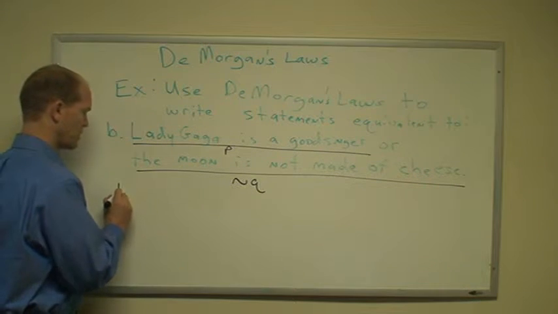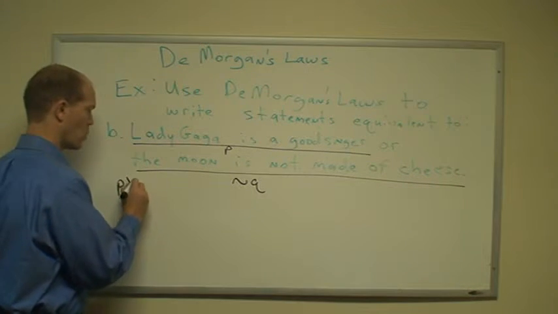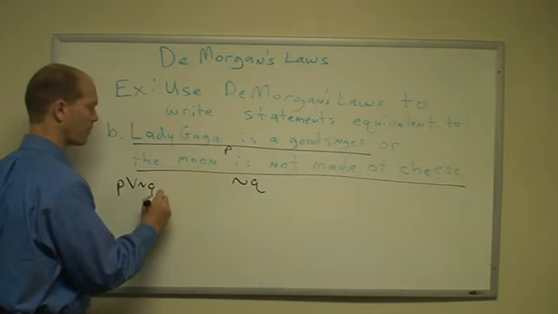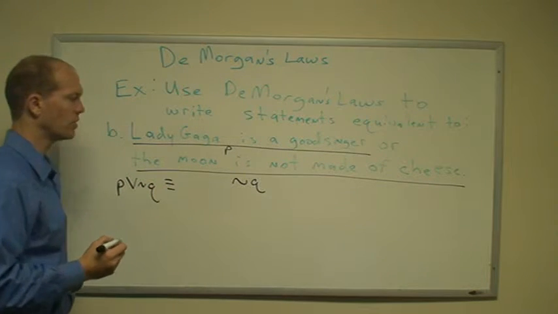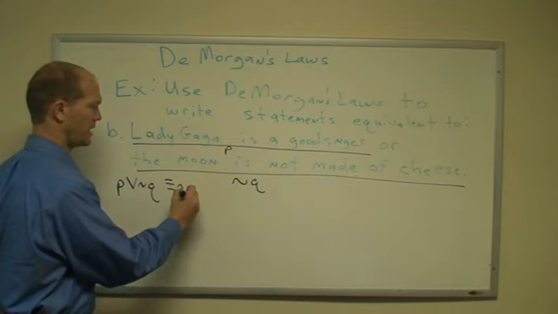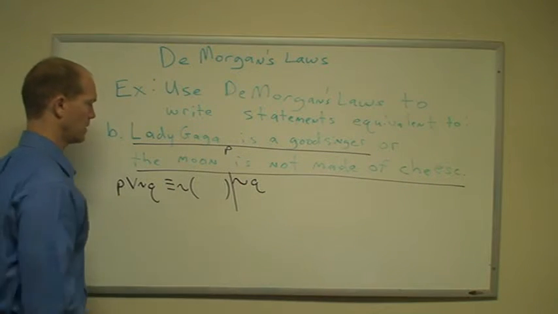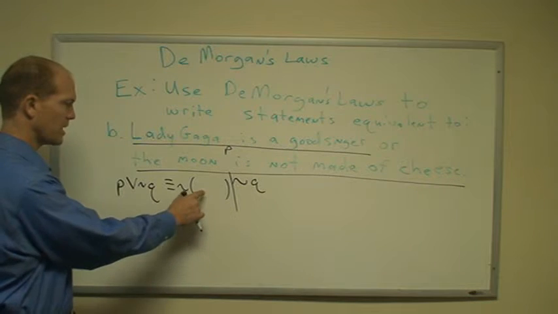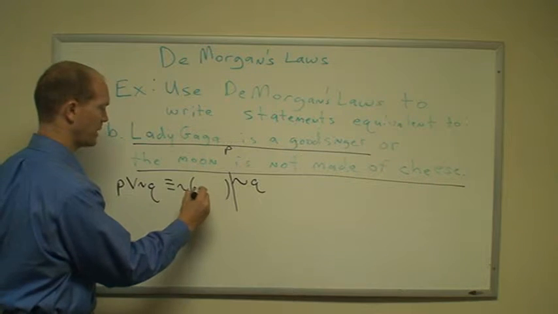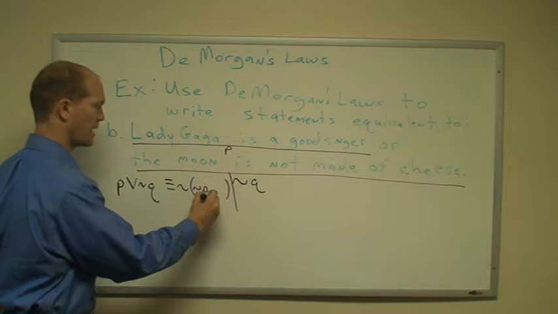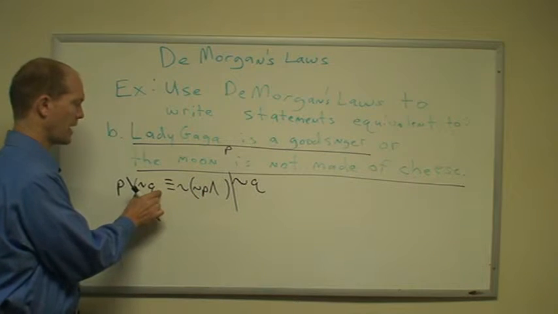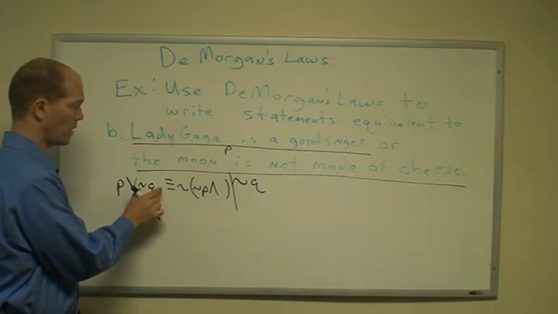Alright, so I start with the statement P or not Q, and I want to write an equivalent statement. So this should be using De Morgan's laws. The negation of, well, inside those parentheses I'll have the negation of P. It's going to flip the sign, and I want to have the negation of whatever I have right here.